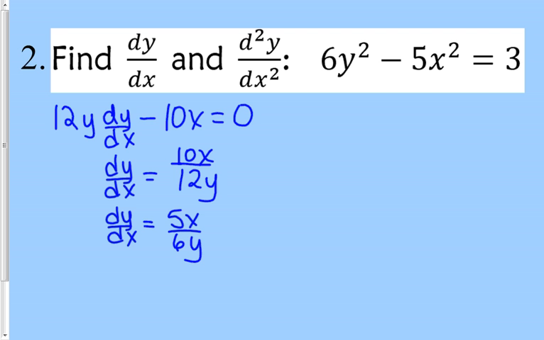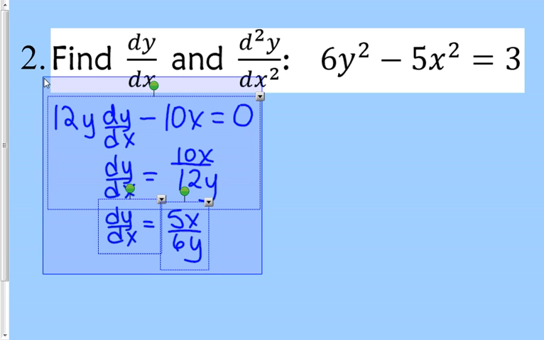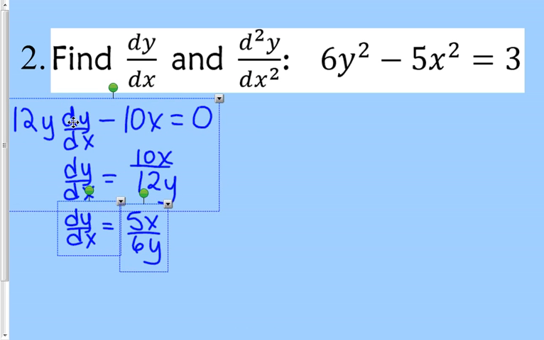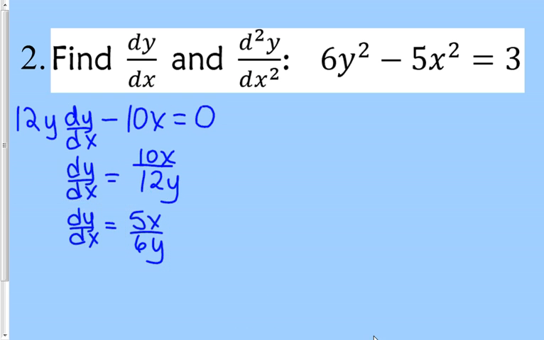Now, in order to do the second derivative, let me move this over. In order to do the second derivative, what you do is you derive the first derivative. Well, the first derivative is a fraction, so we're going to use quotient rule. So d2y over dx squared equals. Alright, so this is a u over v.